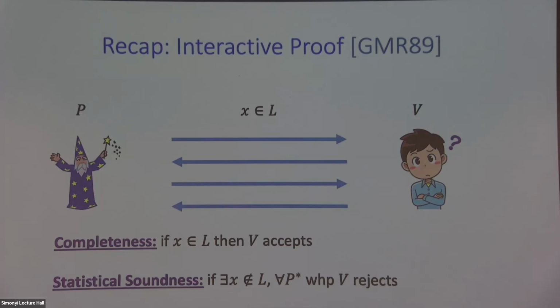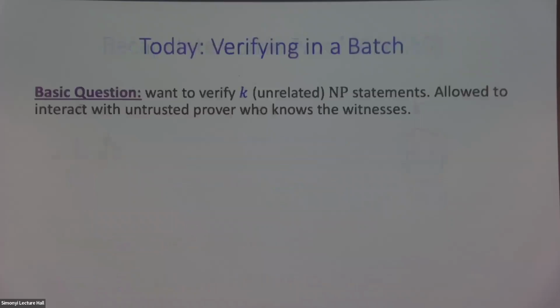That's good enough for the 80s, 90s. But nowadays, often we're interested not in just solving one problem, but in solving a lot of problems at the same time. This brings the question of batch verification. The setting I want to talk about today: we have K statements that we're interested in being convinced of. Let's say they're NP statements, and they can be related or unrelated, I don't really care.